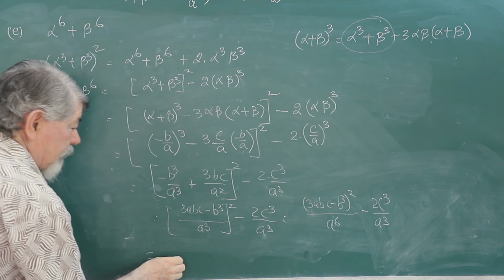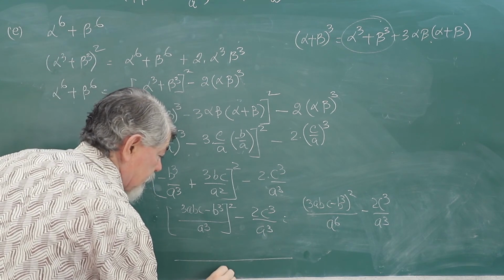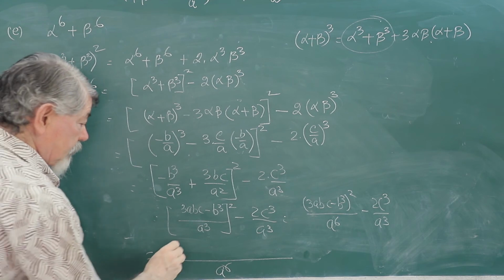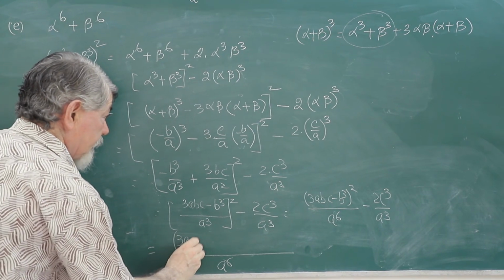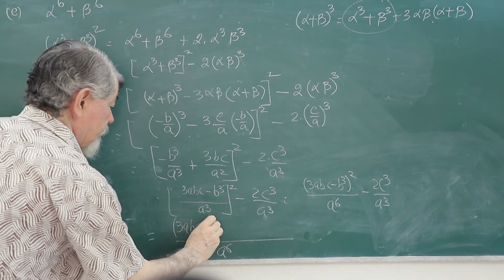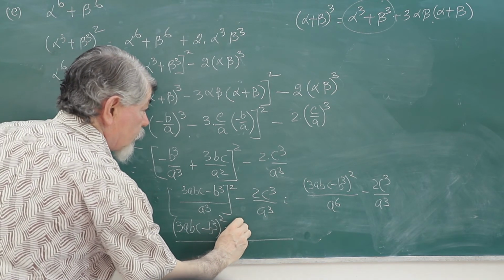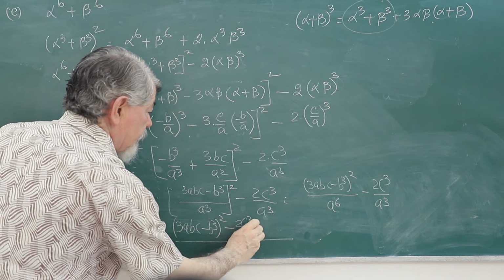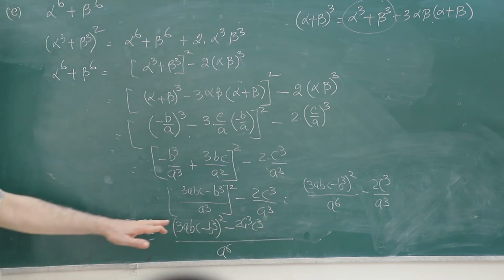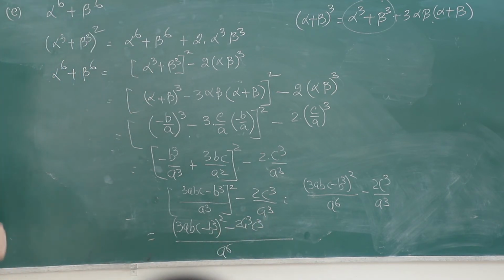If you take the LCM a to the power 6, what will you get? (3abc minus b cube) whole squared minus 2a cube c cube. That will leave your answer in the right format. So it is of the form alpha 6 plus beta 6. We can leave the answer in this format here.